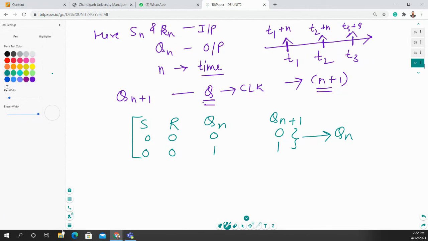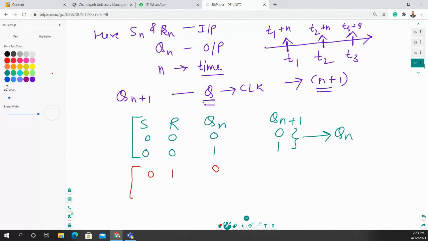Okay, let's assume the second case. Right now you are providing the input as 0 1, but what is the output? See the previous table which we have created. Yes, output is 0.